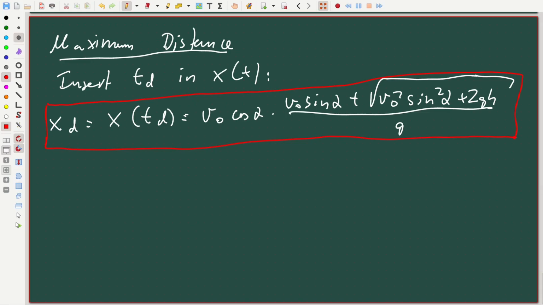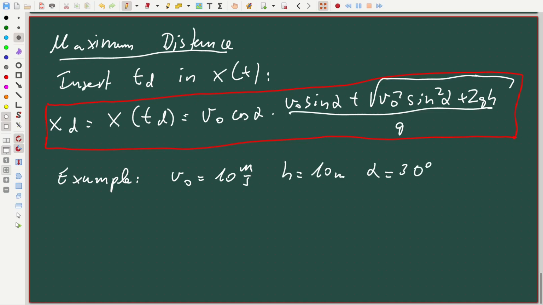So now we can also calculate an example. Again, we will use our initial speed of 10 meter per second, our height of 10 meter and our angle alpha of 30 degrees. We have already calculated TD before, and this was given as 2 seconds. So I will not calculate this whole equation again, but I will simply write down xD, which is x of 2 seconds.